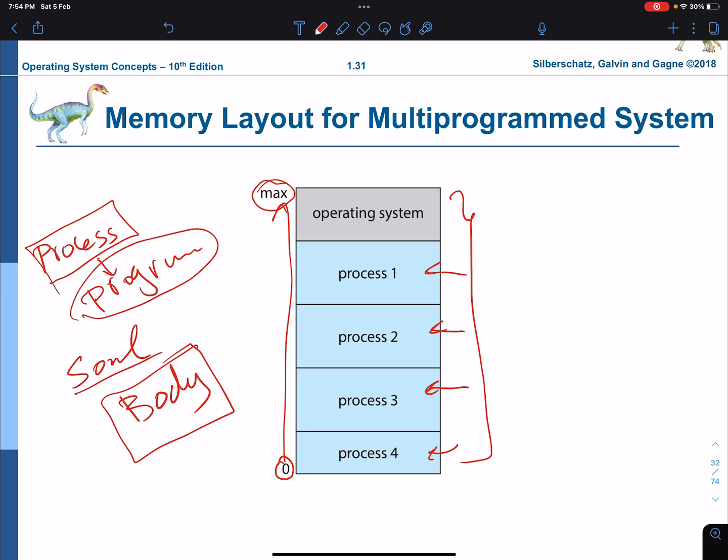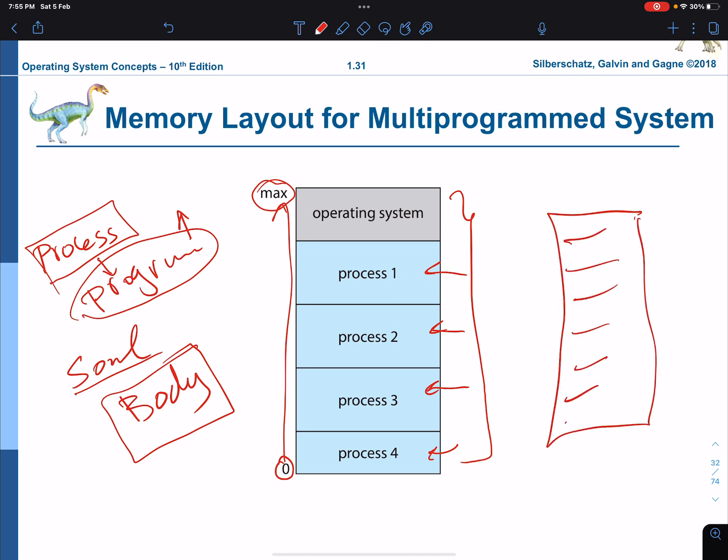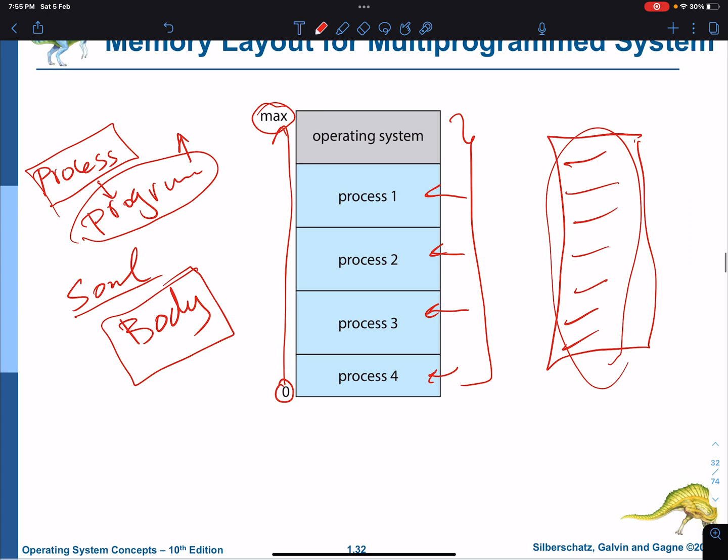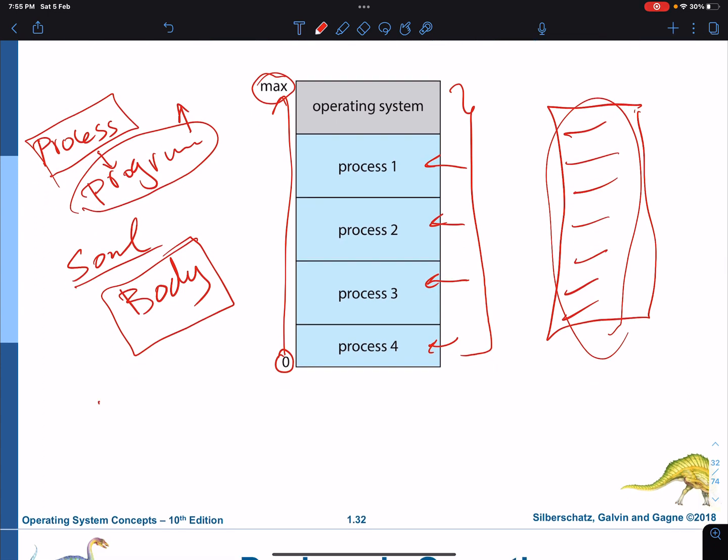When the program gets alive, it becomes a process. The program itself is nothing but the body, the lines of code written. But when this one gets loaded and it's combined with a program counter and data and so on, they become a process.